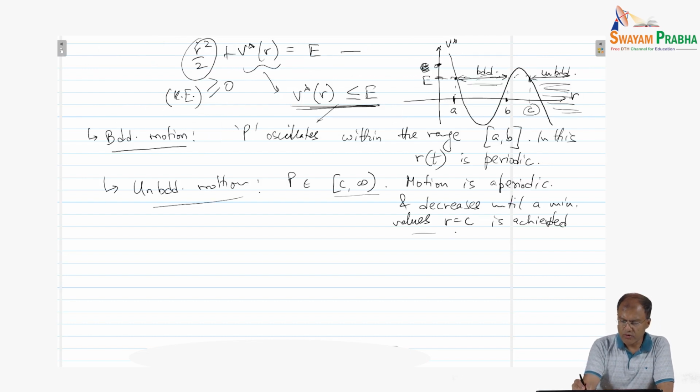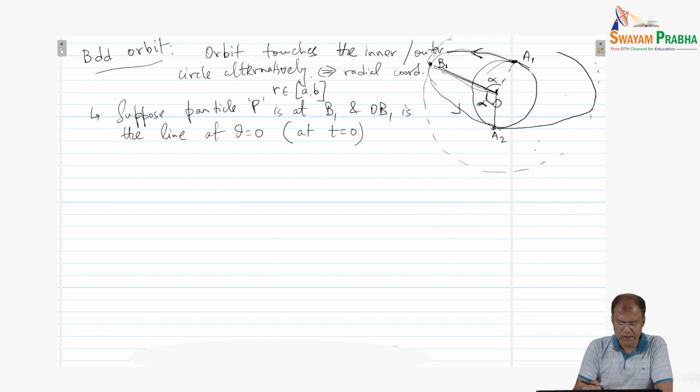number the equations here. The derived equation here is 2 prime, which is the 1D equation. In the energy equation 2 prime, we see that the kinetic energy is an even function of r dot, or velocity, right? So we are going to utilize this information.